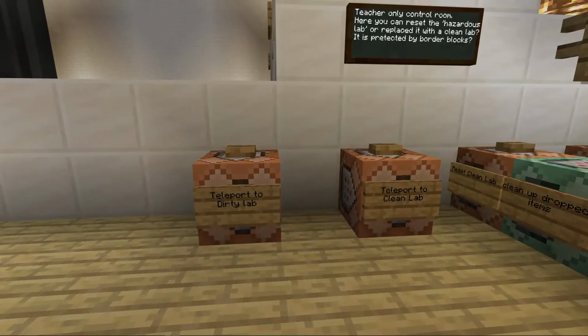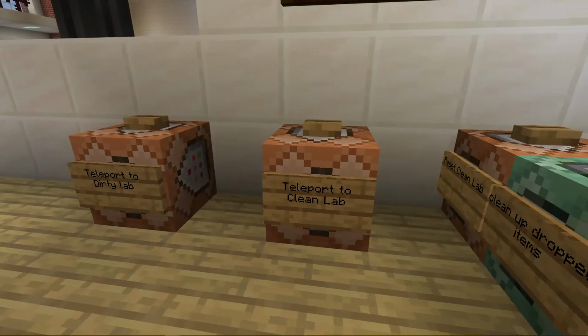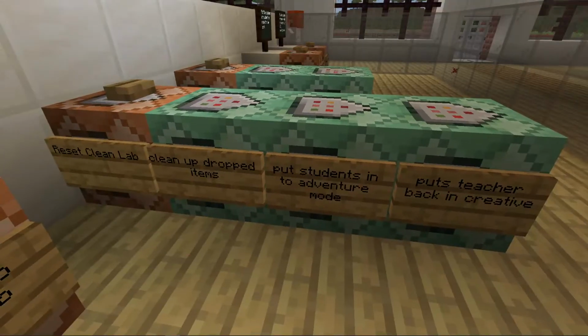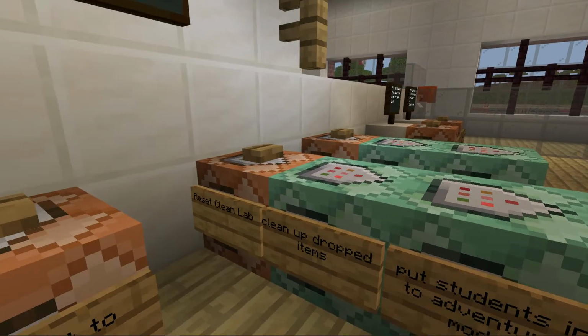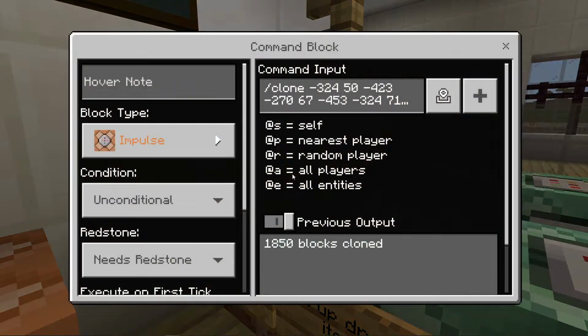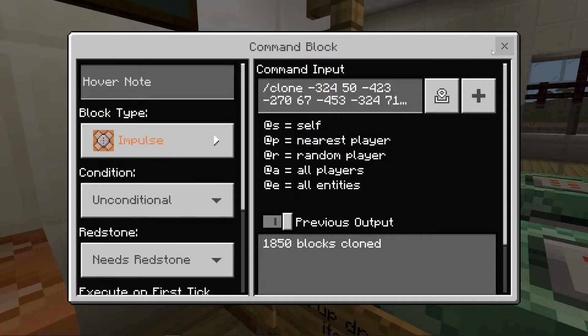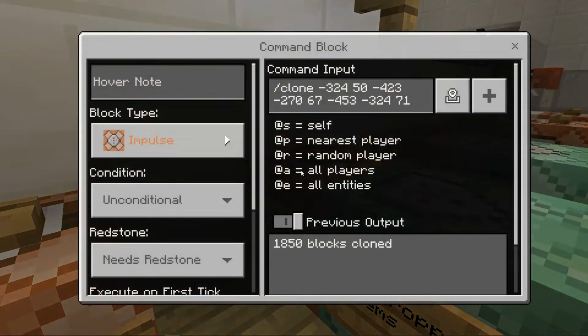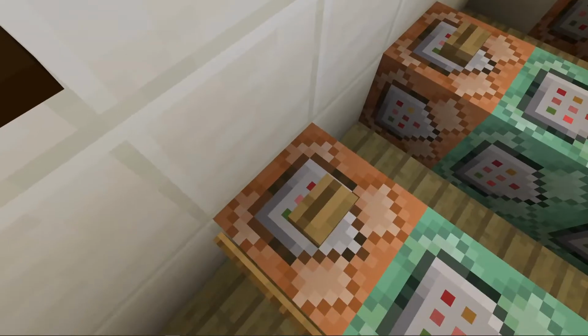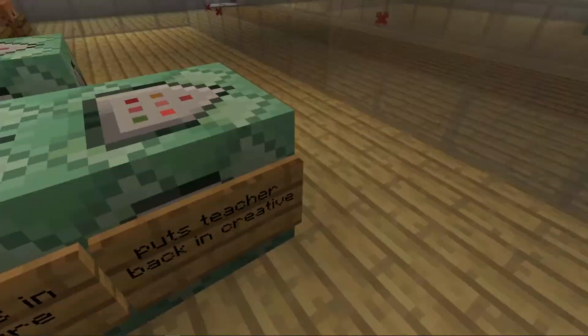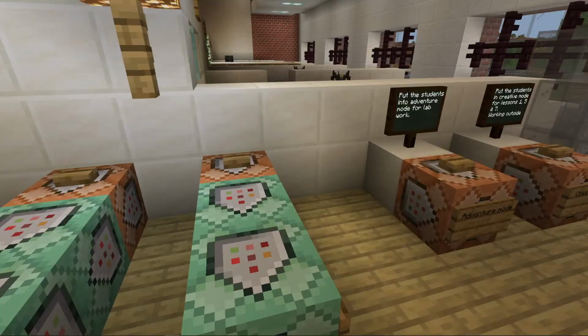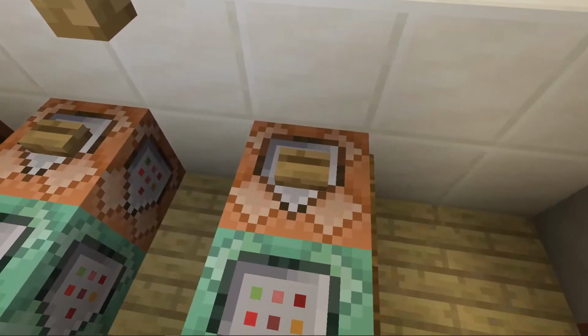So we have some command blocks: teleport to dirty lab, teleport to clean lab, reset clean lab. I can't see my hand still. Is that the button that you push? Okay. Reset that.